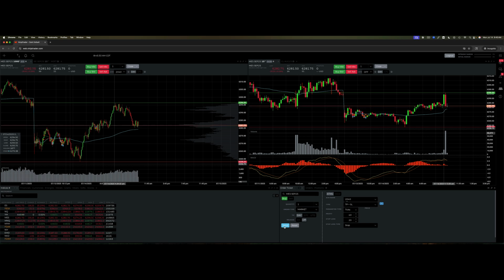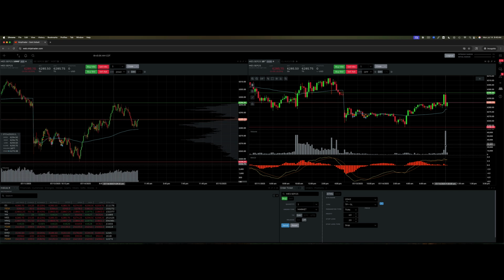Let's see what happens here. So over here we have this crossing. It's not like this huge volume red candle, but we had this one, but that was pre-market, so this is the only one that matters.